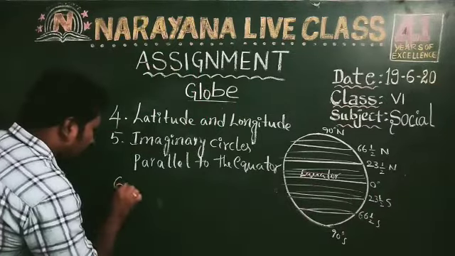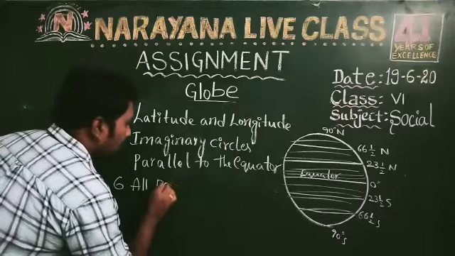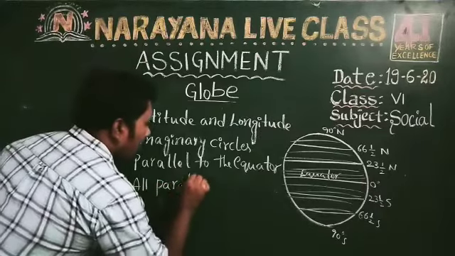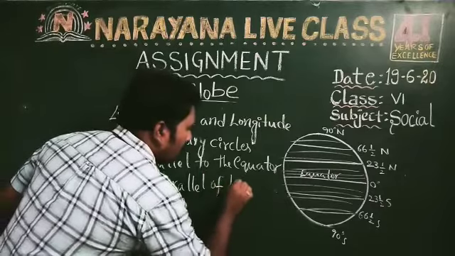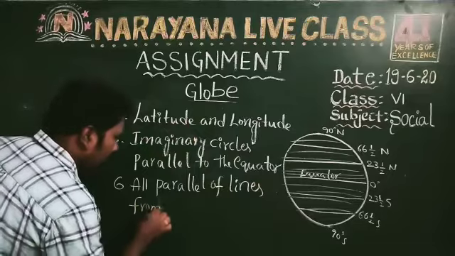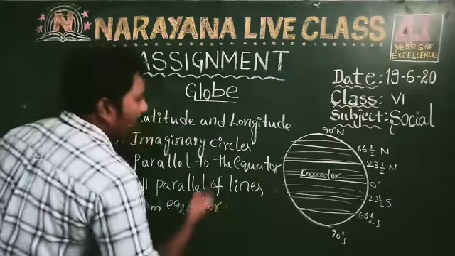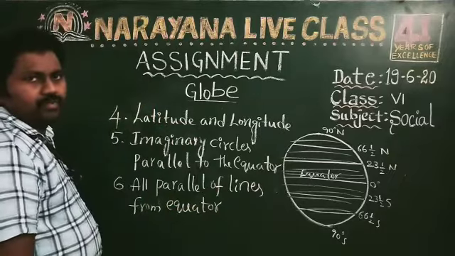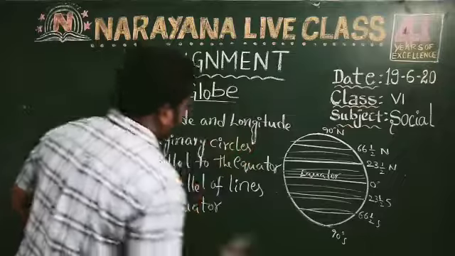So the sixth question's answer is: all parallel lines from the equator are called parallels of latitudes. Right? Now let's move on to the seventh question. Next question.